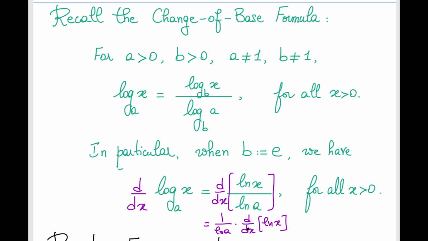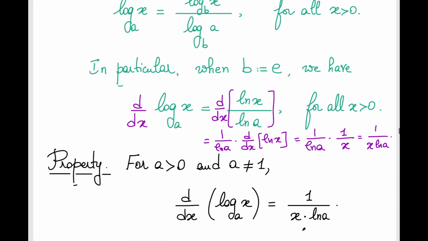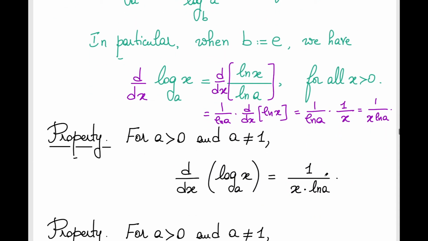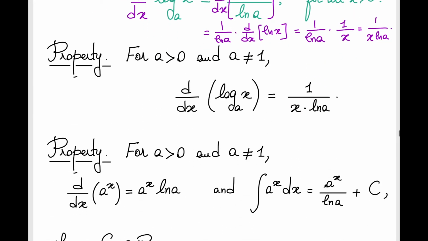And what's the derivative of ln x with respect to x? That's 1 over x. So this becomes 1 over ln a times 1 over x, which is 1 over x ln a. And this is for any x that's positive. Make sense? So we get this result. It's right there. This is what we just showed.